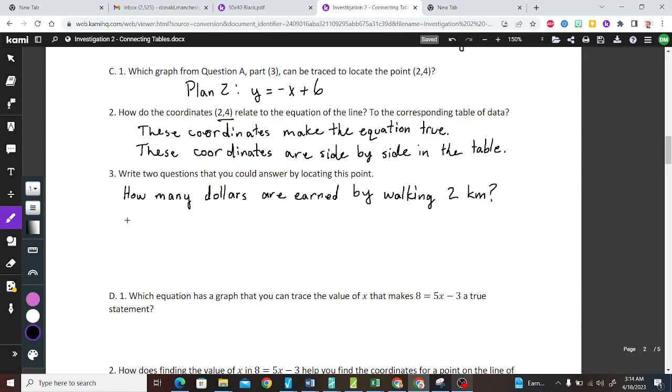But then we could also ask the question, how many kilometers must be walked to earn $4?